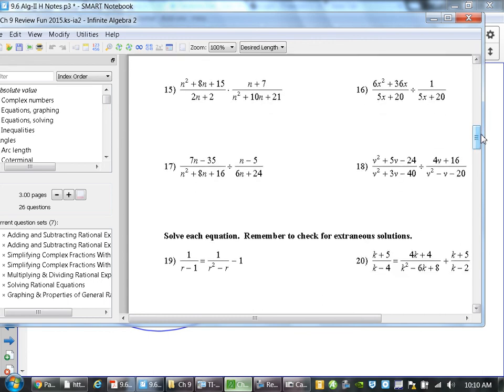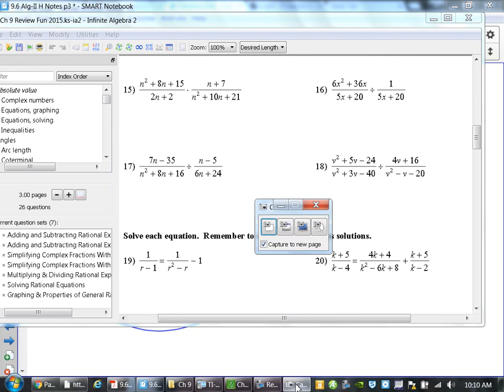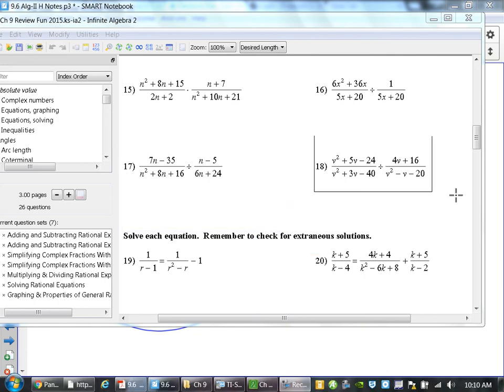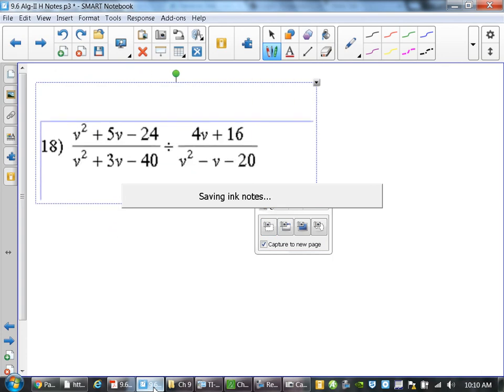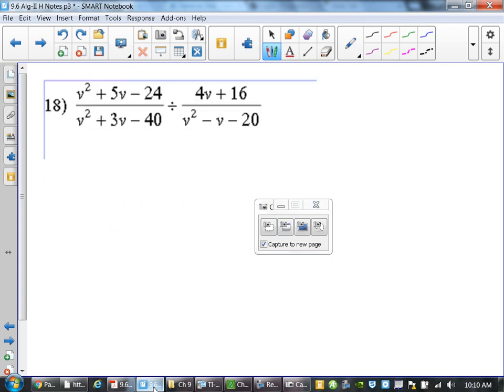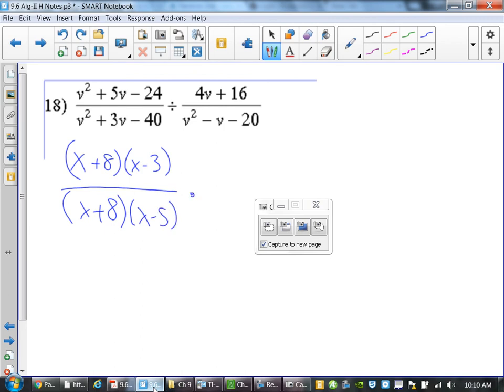All right, let's do a division one. We haven't done one yet. Let's look at 18. Remember, when you're going to do these problems, you want to factor everything first. So I have x plus 8, x minus 3. Negative 4 to get to positive 3, so that'd be x plus 8, x minus 5, x minus 5, x plus 4.